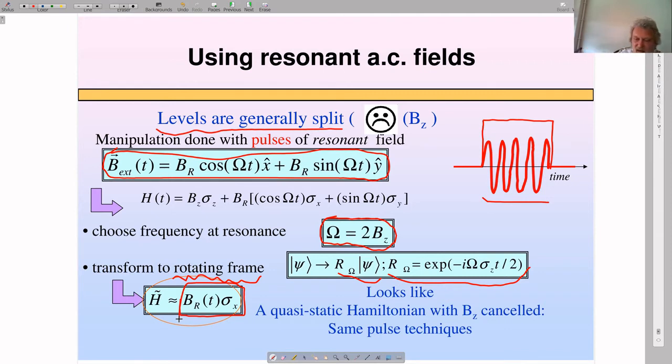So we are back to the situation of a pulse with this magnetic field being constant in time. Right, this is the basis of resonance manipulation.